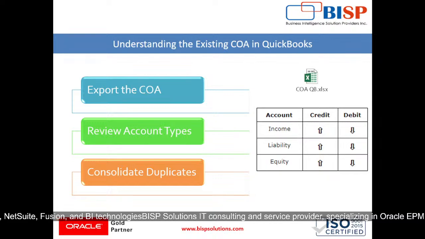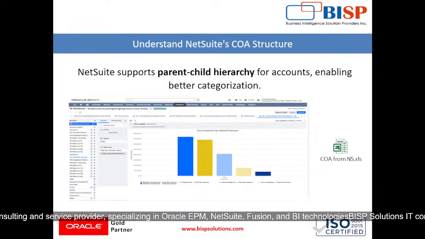Then we understand the existing COA in QuickBooks, where we will be exporting the COA from QuickBooks. Then we will be reviewing account types available in QuickBooks. Then we will consolidate the duplicates. We already understood the NetSuite COA structure, where NetSuite supports parent-child hierarchy for accounts, enabling better categorization.